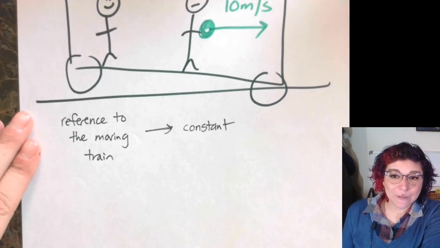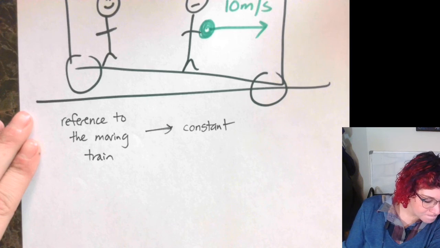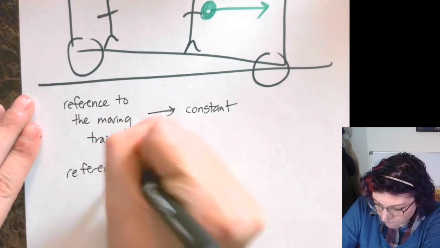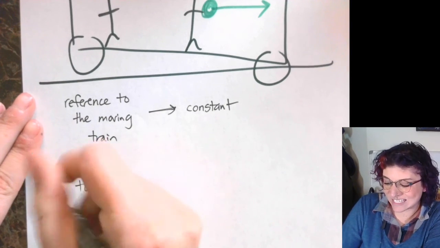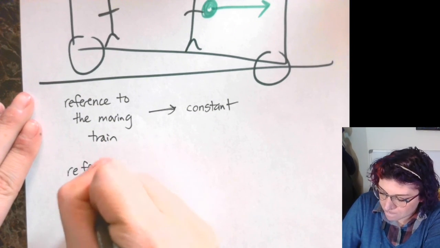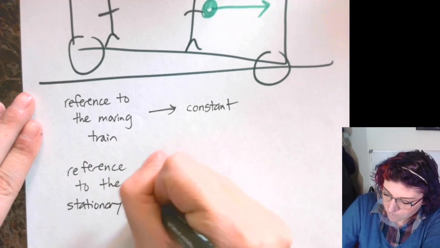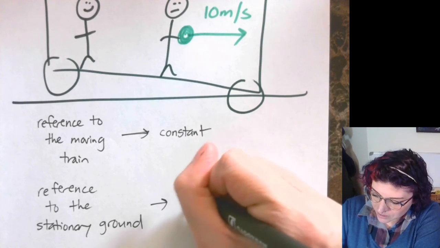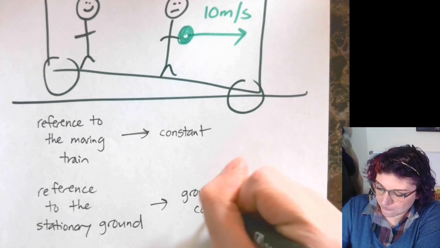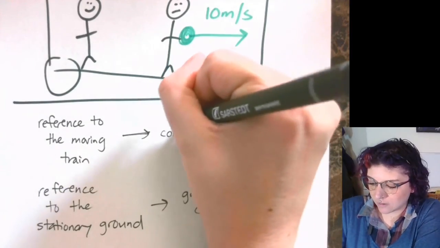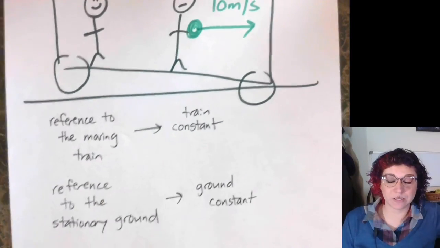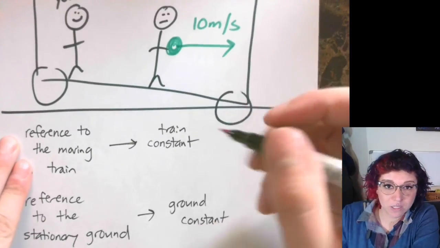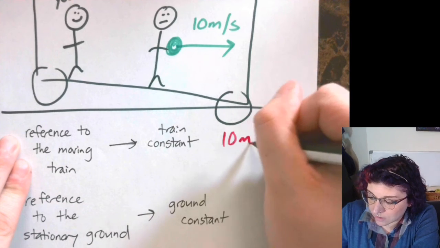But let's say you're looking at it in reference to the stationary ground. So the ground is what is constant here. The train is what was constant previously. So inside the train, you see the ball going 10 meters per second.